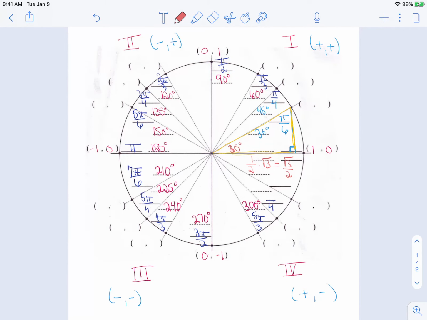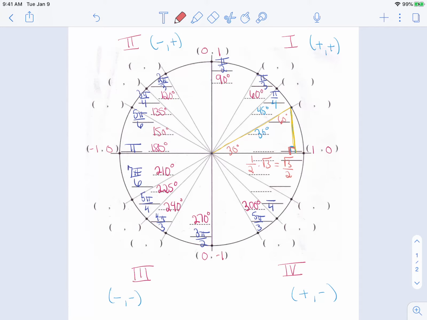That's what that 30 represents, or pi over 6, but I'm just going to stick with 30. Well, if we know that's 30 degrees and this is 90, then we know, and again, I know this isn't fair because I can easily erase things, that this would be 60 degrees up here. So then we have a 30, 60, 90 triangle.